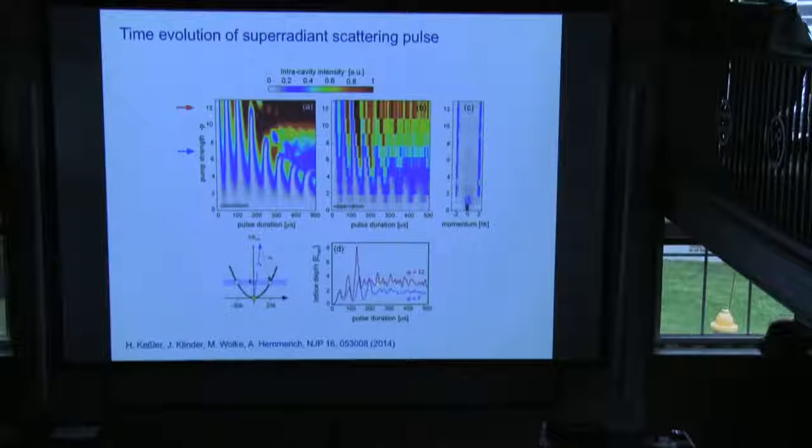What's happening here is basically that in the beginning you have processes where you excite the atoms with the frequency omega p, and a longer wavelength photon is emitted into the cavity to transfer the atoms from here to here.